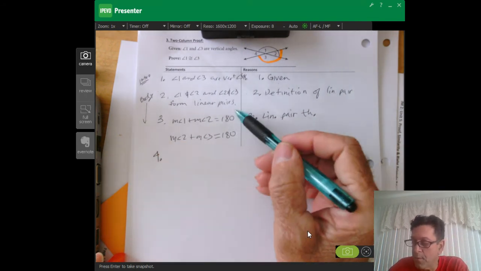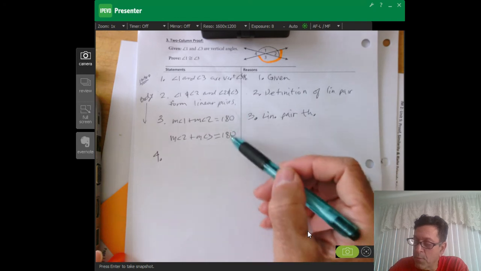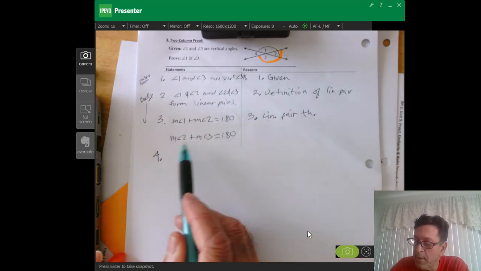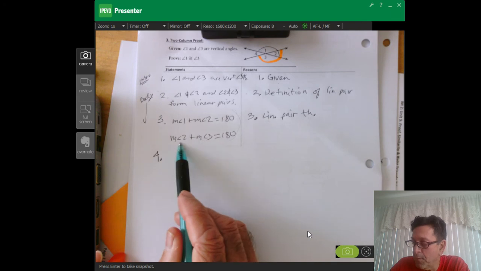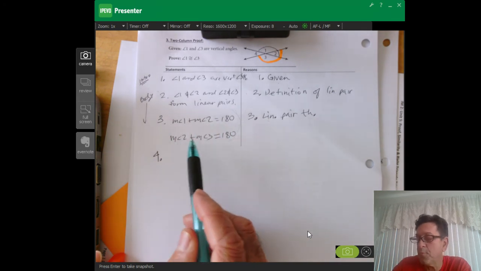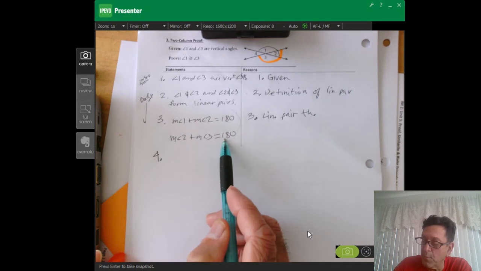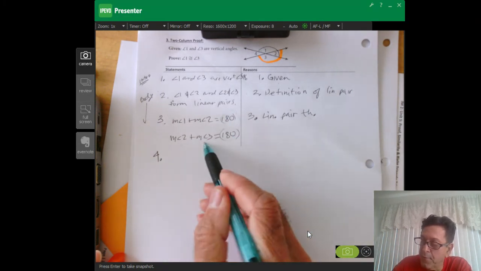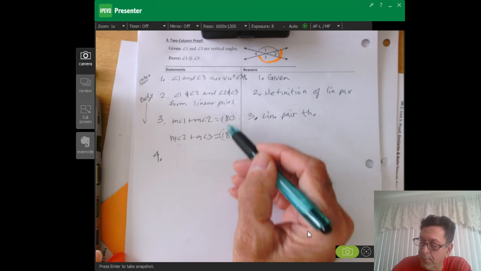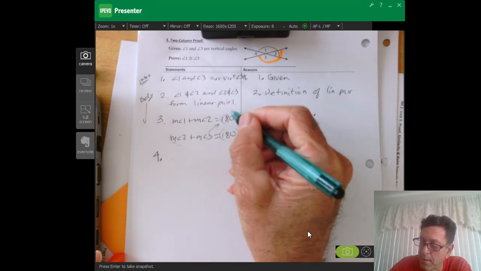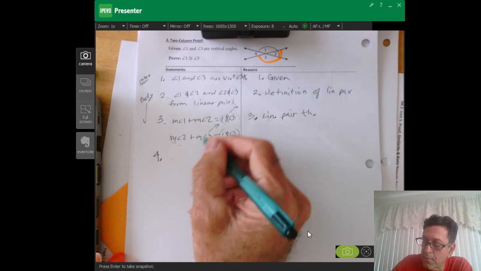Now remember, just like before, they both have this in common: the measure of angle 1 plus the measure of angle 2 is equal to 180, and the measure of angle 2 plus the measure of angle 3 is also equal to 180. So we're going to say that since these two are equal to 180, that's the same in both cases, we can replace it. We can put that in here and get rid of the 180.